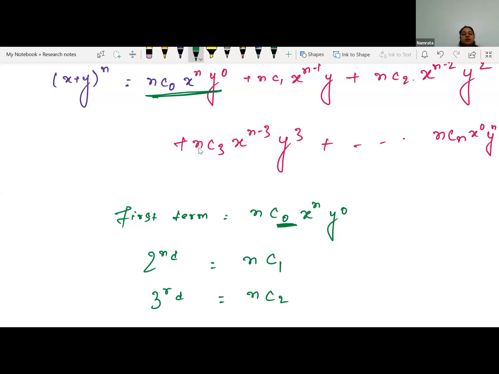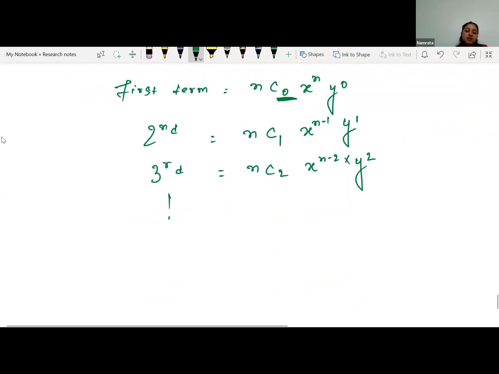Now here, x to the power n minus 1, x to the power n minus 2, we can figure it out just with the help of the binomial coefficient. And the power of y also we can figure out in the same way. Now, what will be the (r+1)th term?